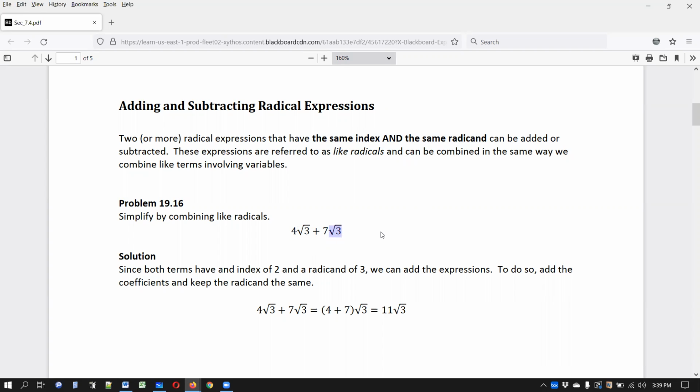And if they do match by index and radicand, we can perform the addition. Pretty much like if we had 4x plus 7x, we would get 11x. And in here, we would do the addition on 7 plus 4, and we would keep the radical 3.